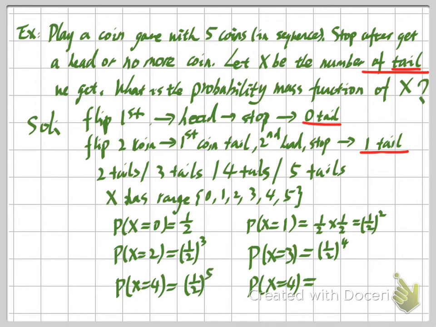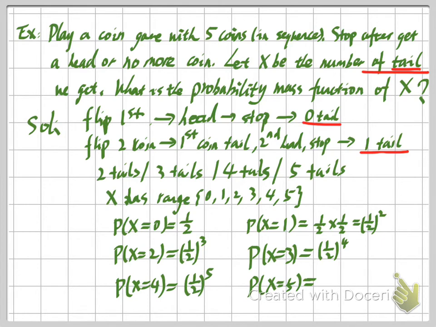Okay, so the most important thing is the last two. The last two are where we get 4 tails or 5 tails. For the 4 tails, it means we actually flip all of the coins. We get tails on the first 4 flips and a head on the last one. So that means it's 1/2 to the 5th power.